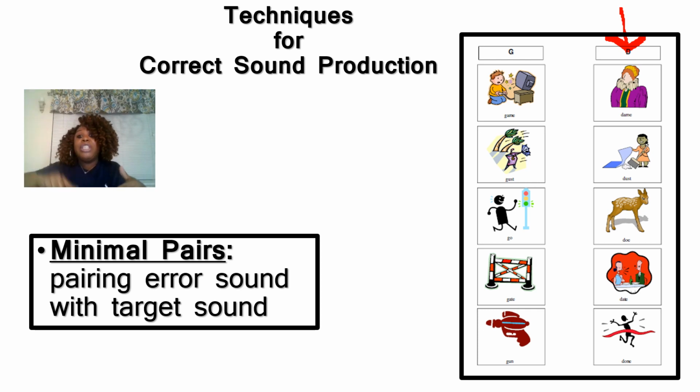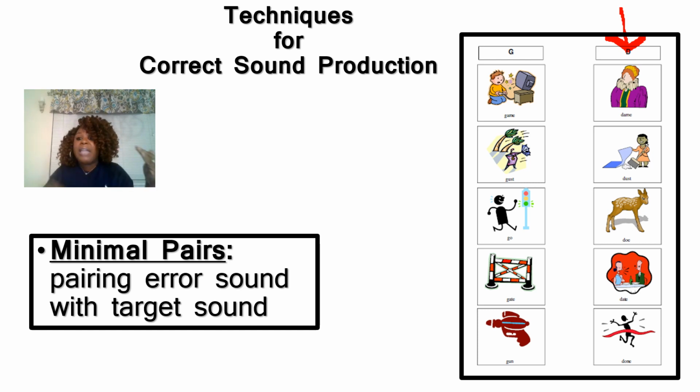The G sound is what I want them to do, and they either are doing it inconsistently at this point, because I will only present this when the child has shown me that 50% of the time they can get that G sound out, and now they're only forming that D sound out of habit. Because I know they still are doing the D sound and they are somewhat able to do the G, but not as consistently, now I want you to feel the difference.